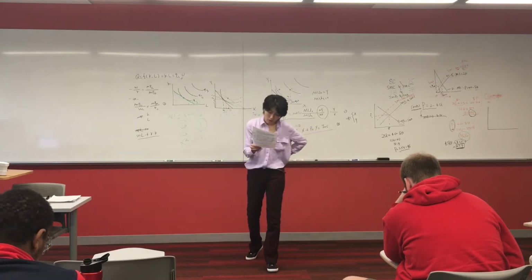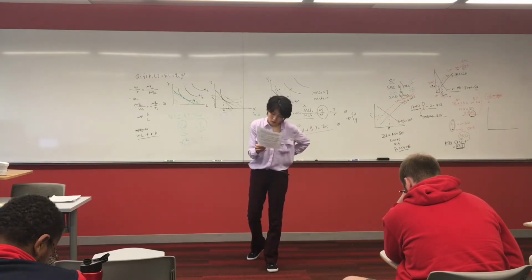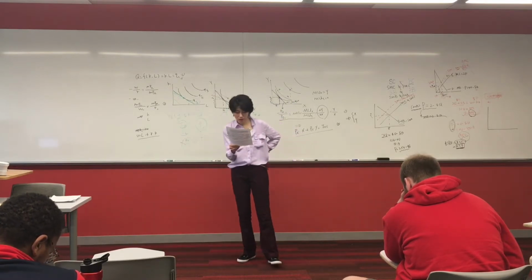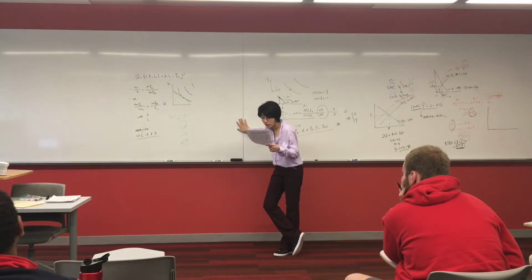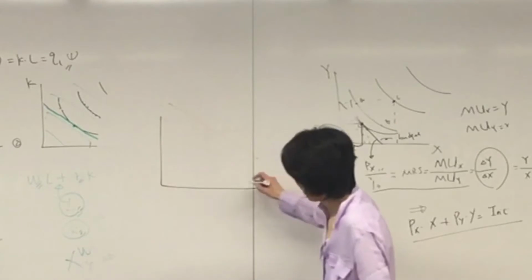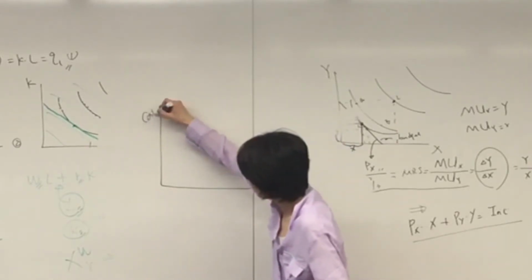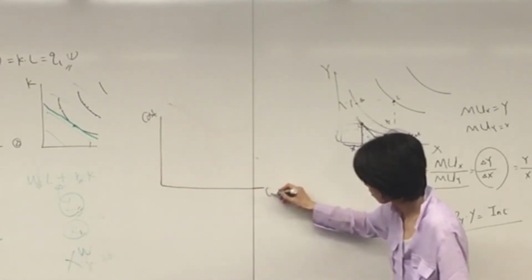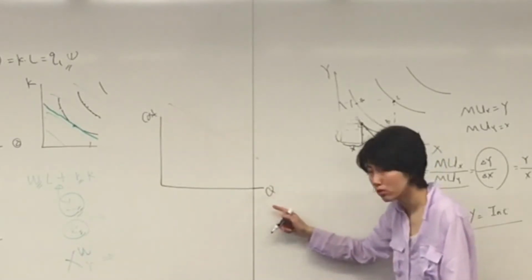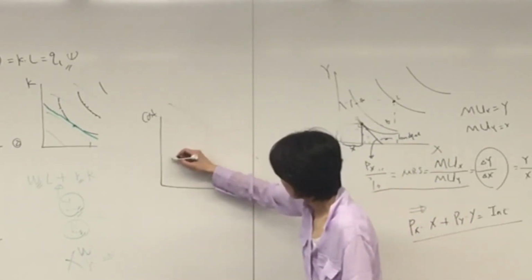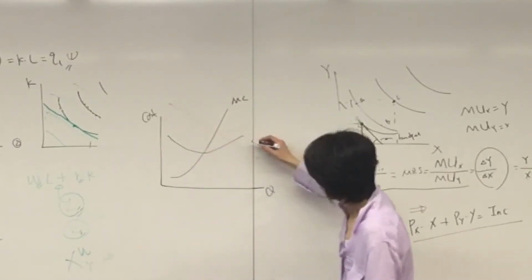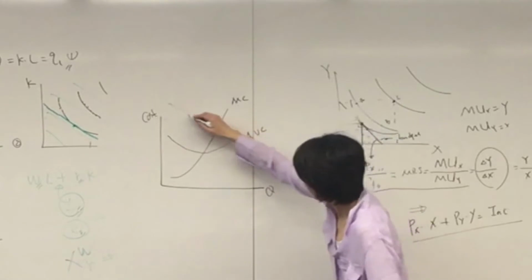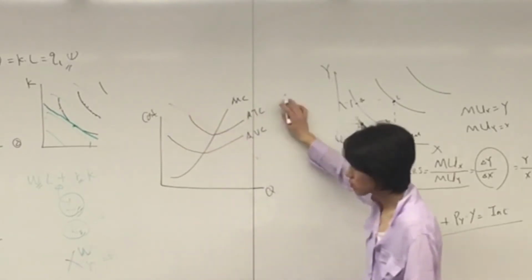Two questions. First, the relationship between marginal cost, average total cost, and average variable cost. For example, the question will be: determine the quantity that minimizes long-run average total cost. So the cost function, this is the cost on the y-axis. The x-axis is the quantity produced. Marginal cost, average variable cost, average total cost.